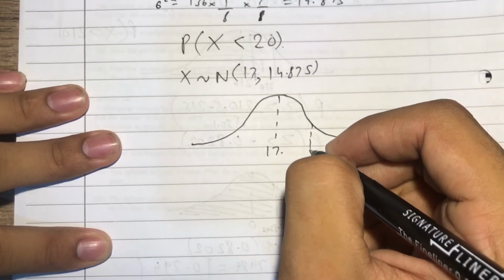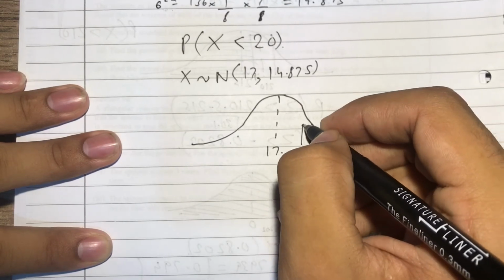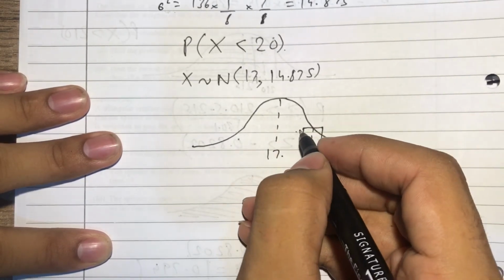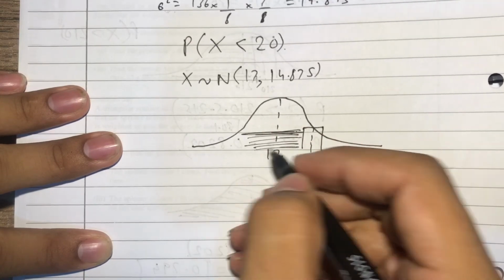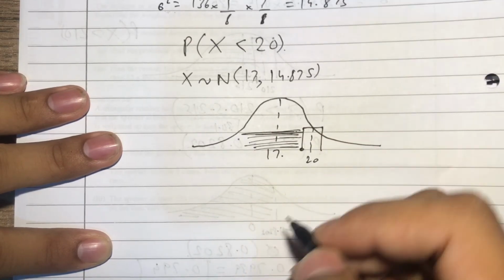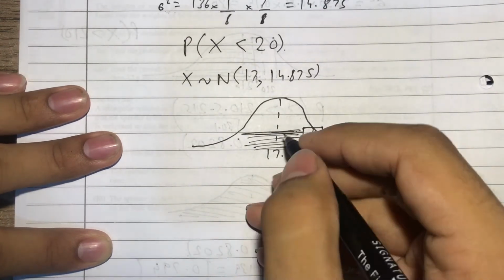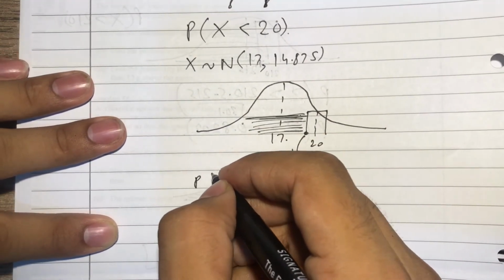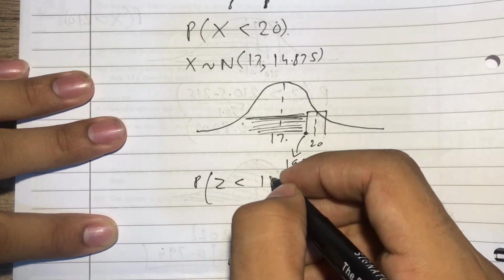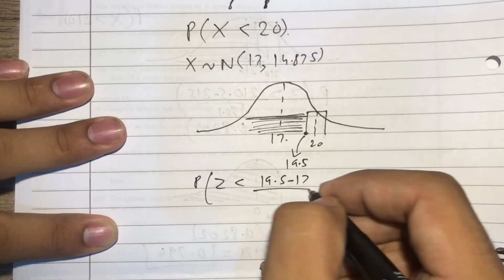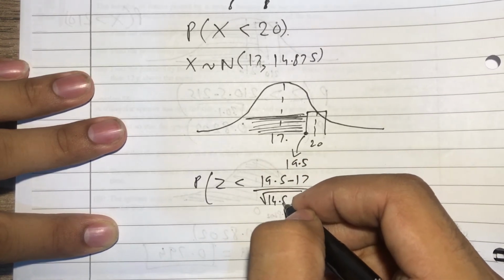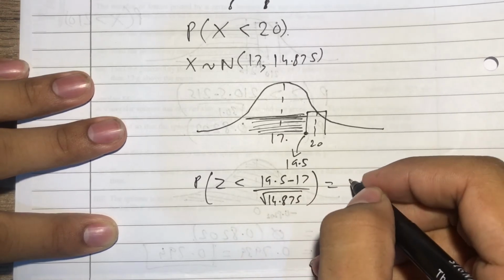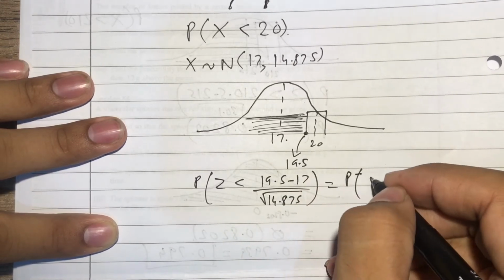So 20 will be somewhere over here, right? This is the bar for 20, and you have to find less than 20, right? So this point will be 19.5. So we'll take z less than 19.5 minus 17 upon root of 14.875 to convert it to the standard normal distribution.